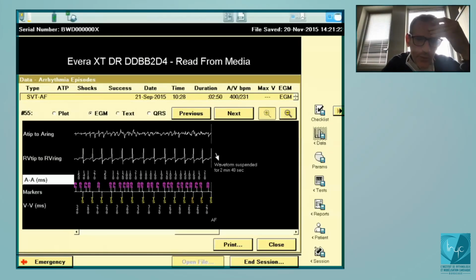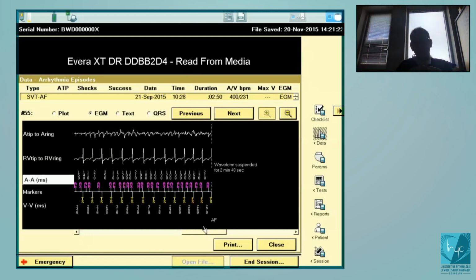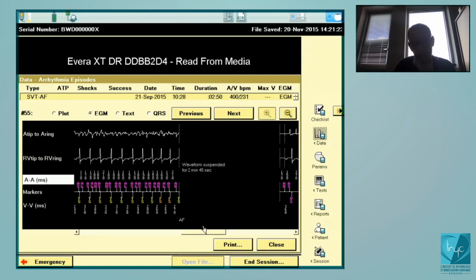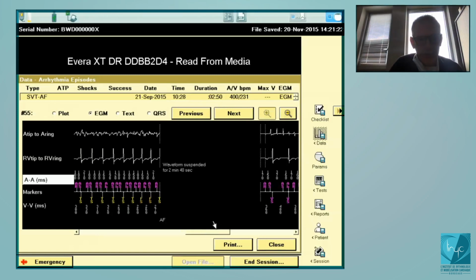And this is where, when it's written AF, once you have filled the counter, you have discrimination, and the device will recognize atrial fibrillation and will not deliver the shock. The counter is a very important first step to differentiate between atrial fibrillation and ventricular tachycardia. It has been designed for that, and not for being used in tachycardia faster than 200 beats per minute. Okay? Any question on this?